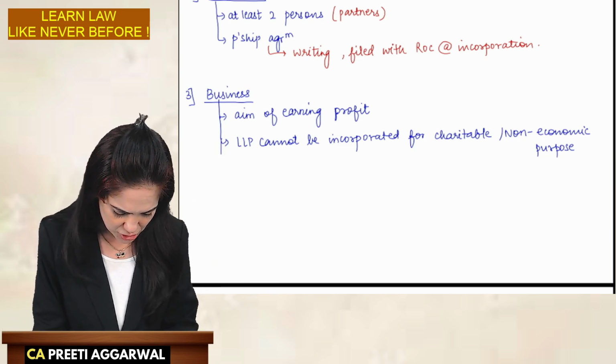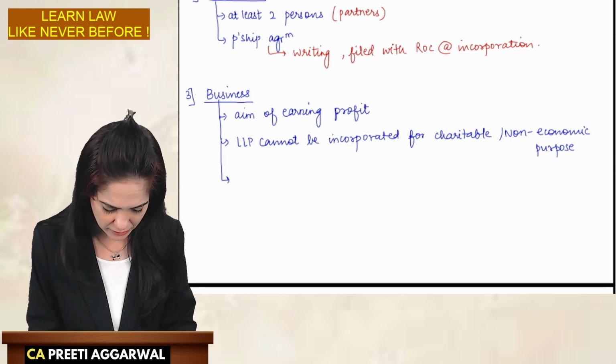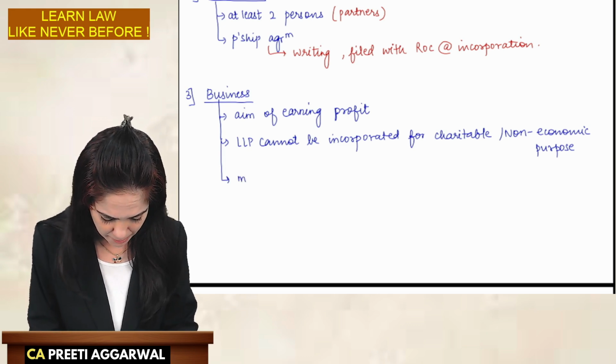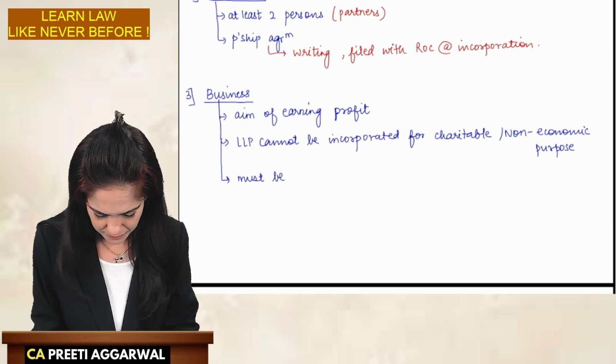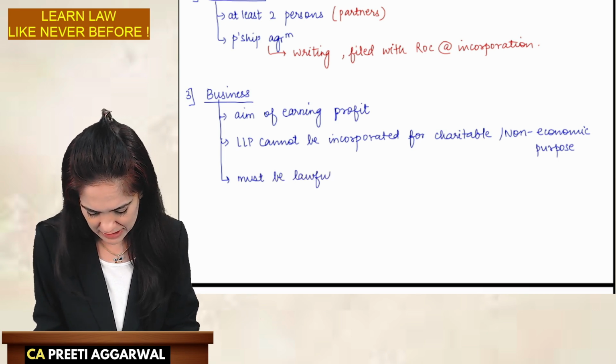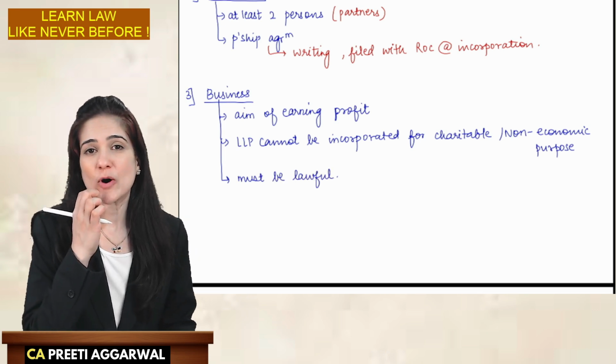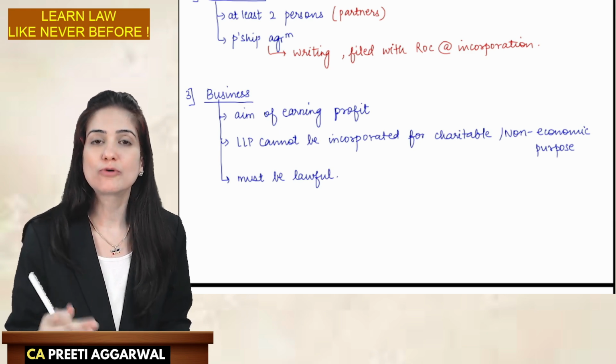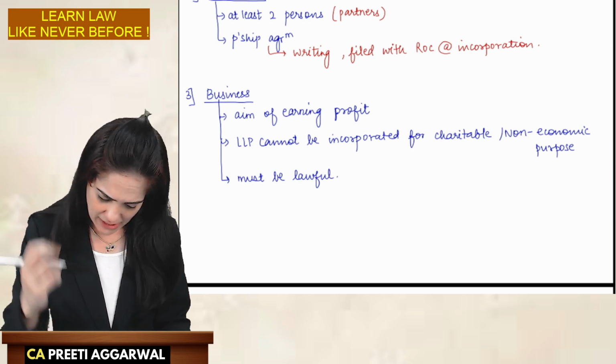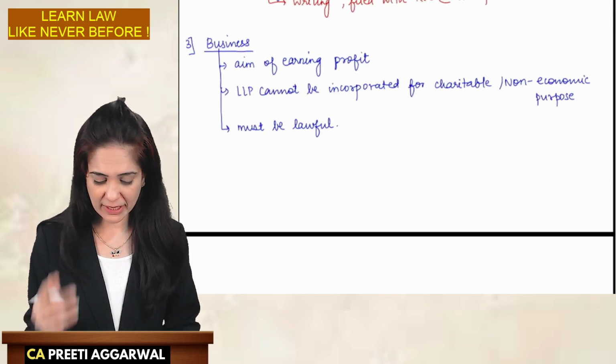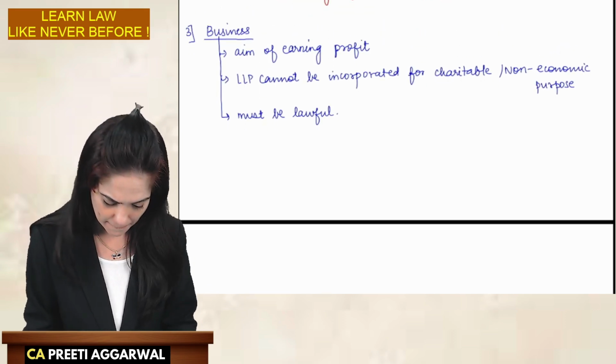Another feature or another point that you can write over here is that business must be lawful. Lawful means it must be legal. You can form a business only for carrying out lawful objects. I'll give you an example now. You tell me whether it can do business in LLP or not.